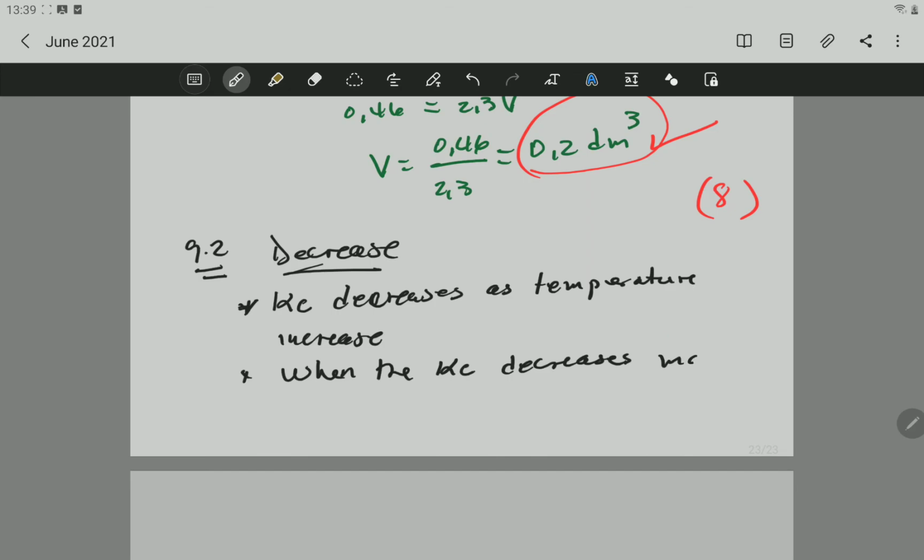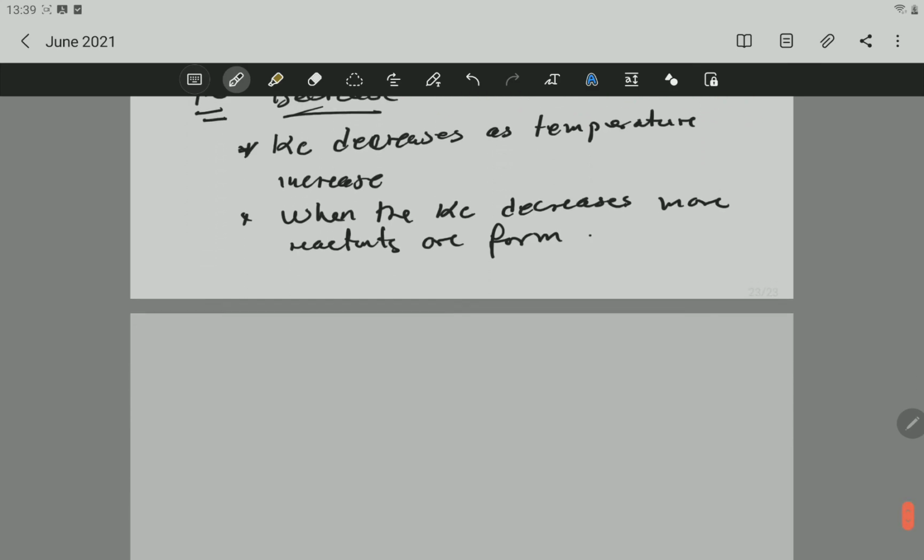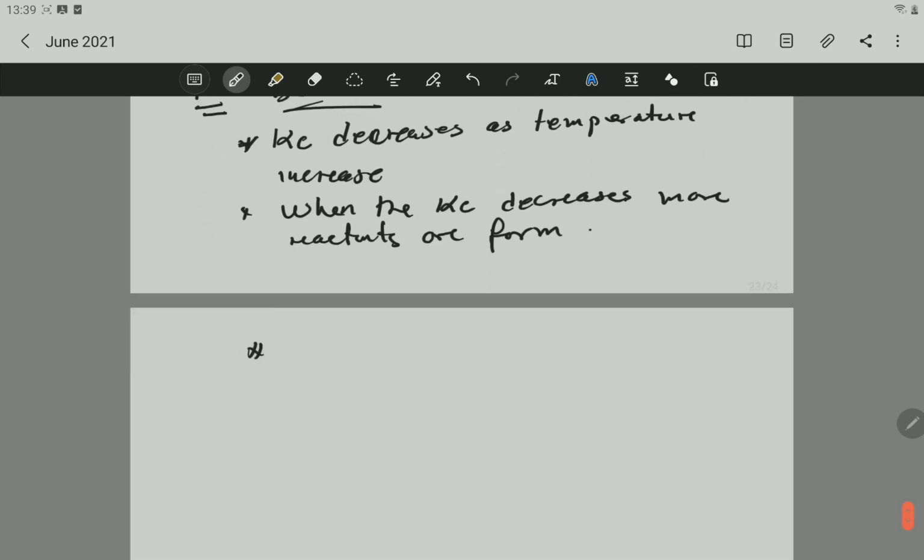Therefore, if you have more reactant formed, the reverse reaction is favored.